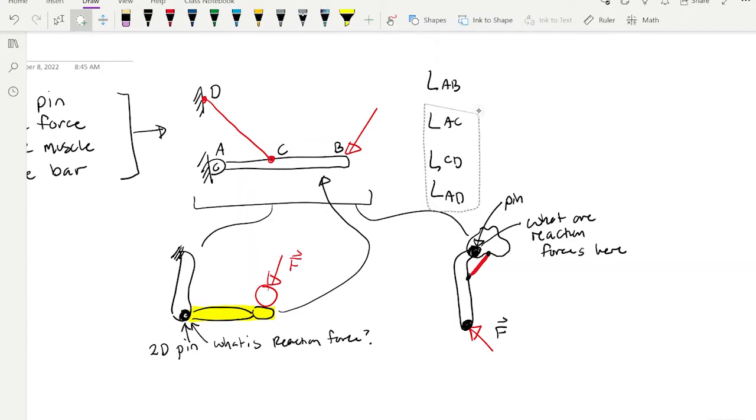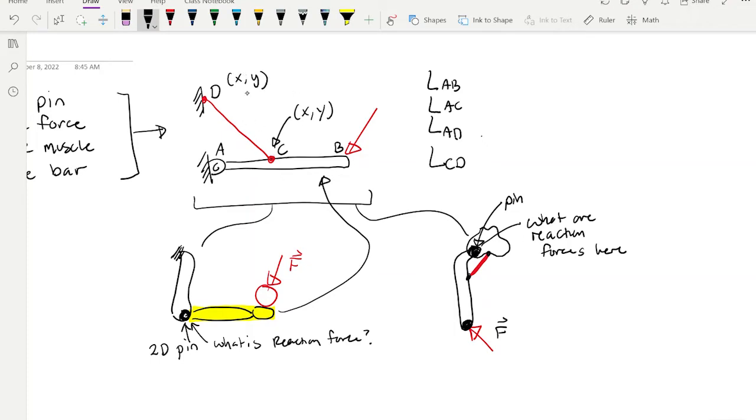Now sometimes we have the ability to just go straight to LCD, because we know a bunch of points. We know the XY coordinate of C and the XY coordinate of D. So we can say CD is just the subtraction of these points to find that vector, right?